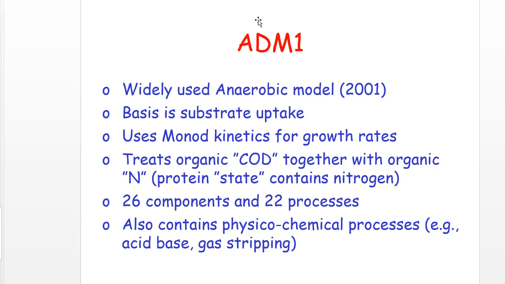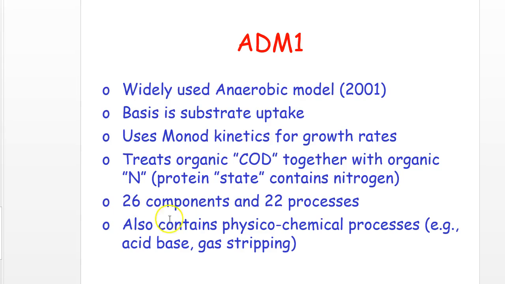This model, even if it's the newest, it's widely used. It's based on substrate uptake. It uses Monod kinetics for growth rates. It treats organics together with organic nitrogen in a good way.